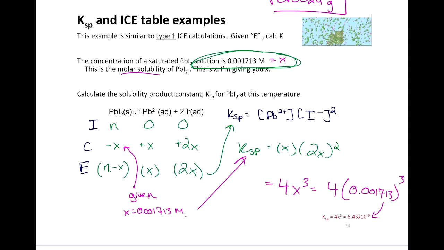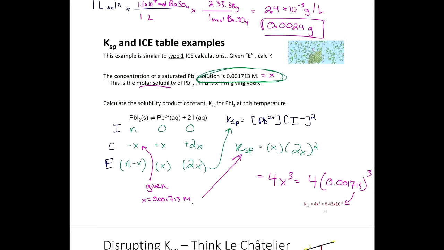So we see that not that much lead 2+ actually does dissolve in a liter of water, just a tiny, tiny, tiny bit. All right, and so children's safety is more important there. Or like the lines on the roads, right? Those ones that glow really bright, also made of lead-based paints, because being able to see the roads is more important than the tiny little bit of lead that is making its way to the waterways, right?